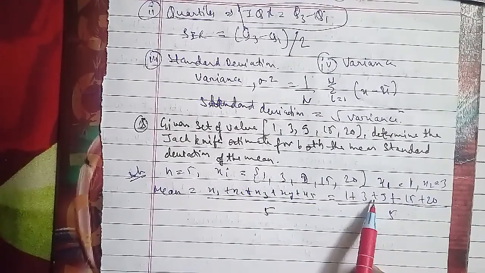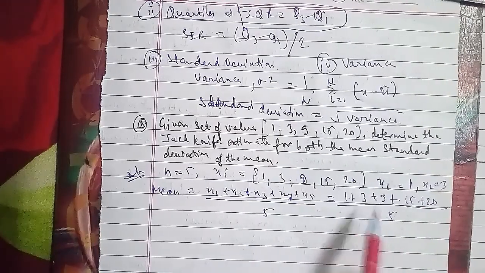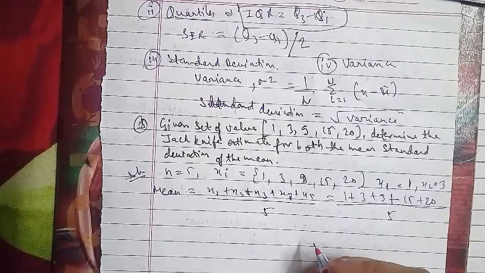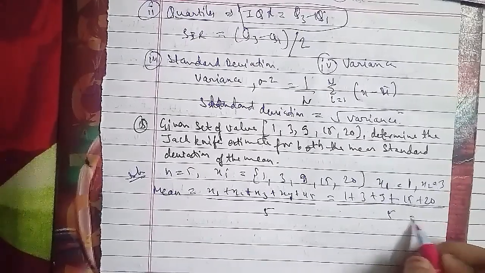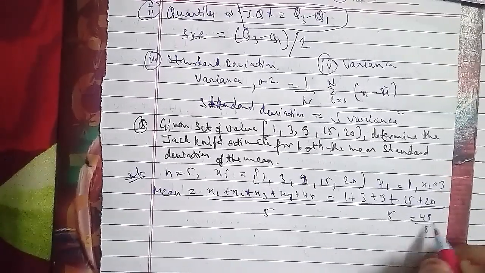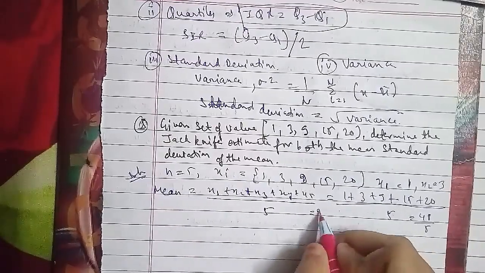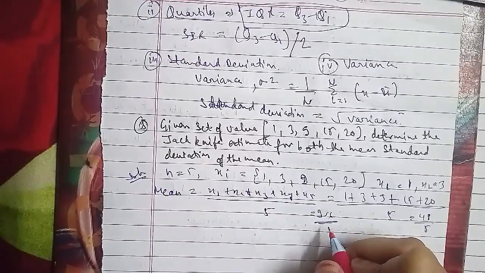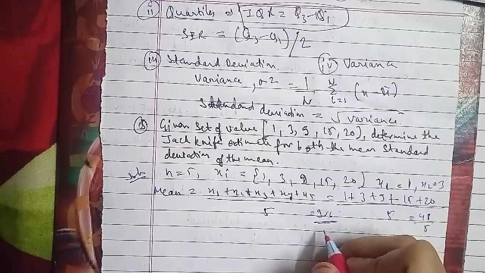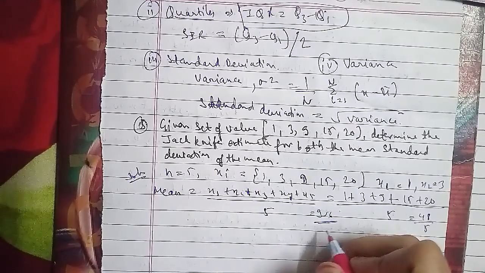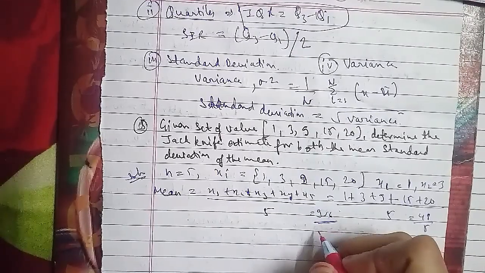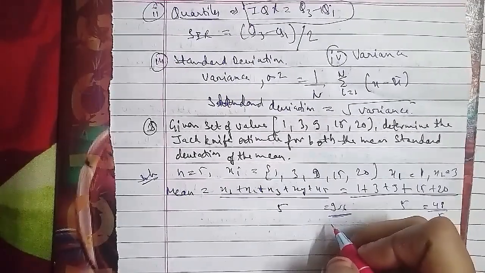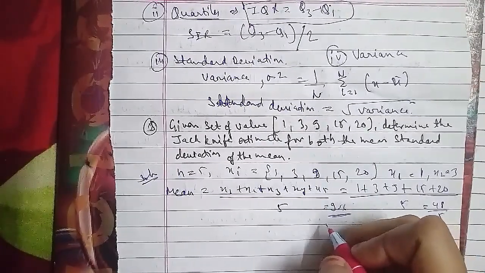So by ignoring x1, we have (x2 plus x3 plus x4 plus x5) upon 4, since the quantity is 4. Putting in the values, (3 plus 9 plus 15 plus 20) by 4, when we solve it we get 11.75.